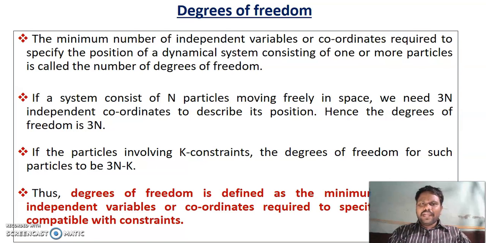For two particles moving in free space, we need 6 degrees of freedom. For 3 particles in free space, we need 9 degrees of freedom. Likewise, if a system consists of n particles moving freely in space, we need 3n independent coordinates to describe its position. Hence, the degree of freedom is 3n.